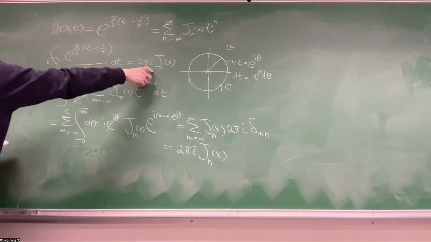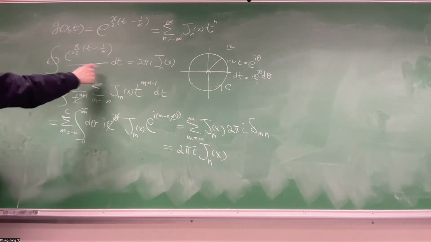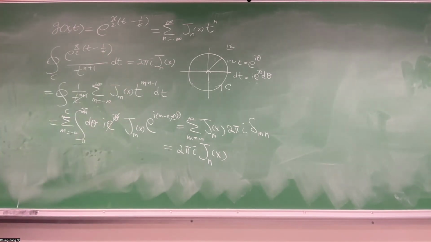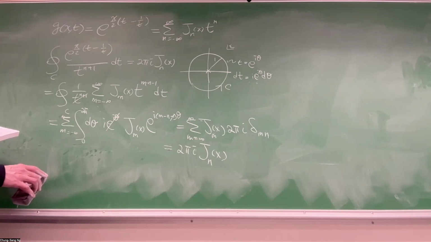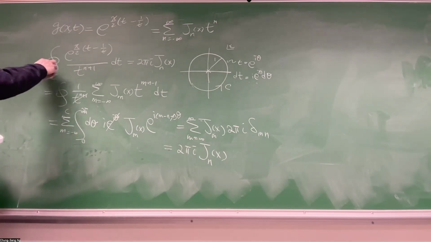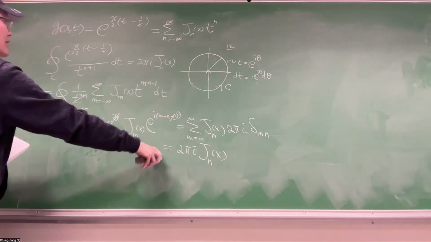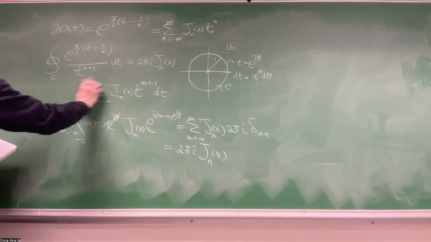So you can say that J sub n of x is given by this integral divided by 2 pi I. That's the basic form, but then you can do it a little bit differently. These are just derivation; I copy it over here, so now I can erase that.